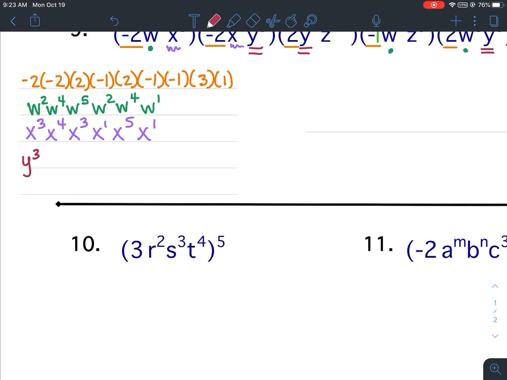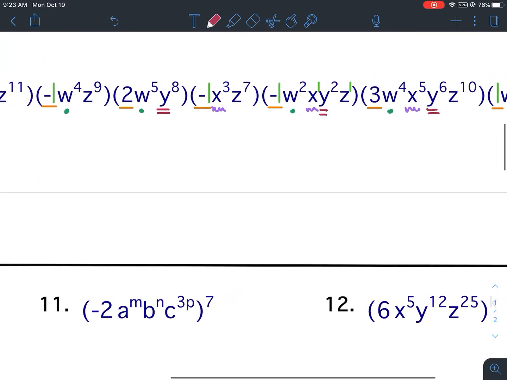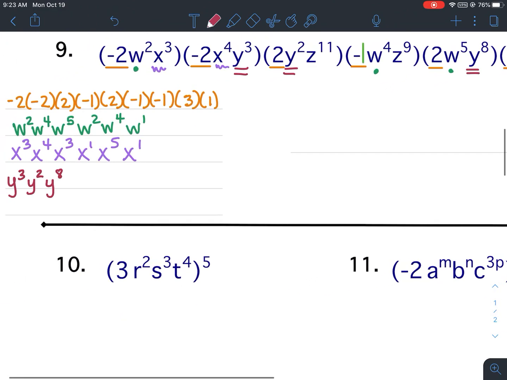Y cubed, Y to the 2nd, Y to the 8th, then it'll be 2nd, 6th, and the 1st. Y to the 2nd, Y to the 6th, and Y to the 1st.